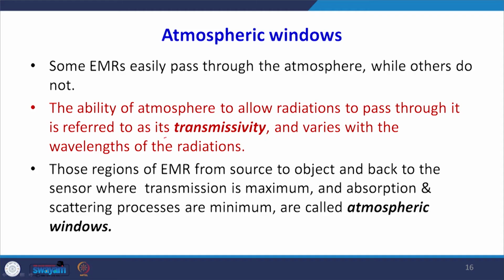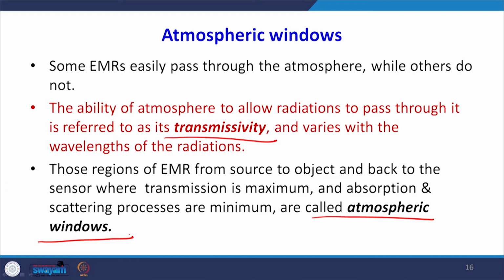The ability of the atmosphere to transmit the radiation is called the transmittivity. We want those regions where transmittivity is approximately 100%, and this will vary depending upon the wavelength region we are using. Those clear regions where the transmittance is higher as compared to the surrounding region are called atmospheric windows.